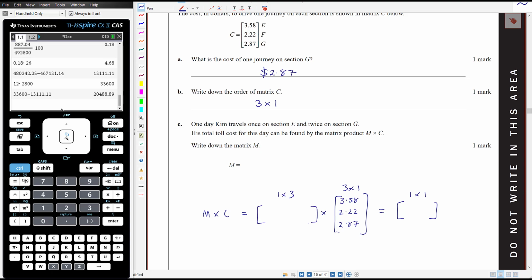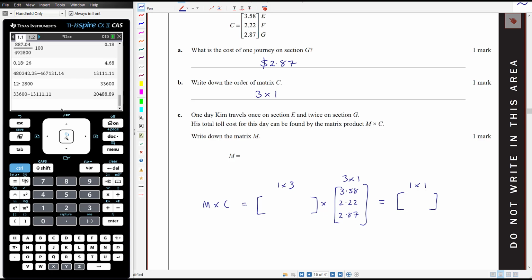Okay. Now we want Kim to travel once on section E. So which one was which? So these were E, F, and G. So we want the calculation to do one lot of 3.58, which would mean putting a 1 here. And twice on section G. So no times on section F, so we want 0 times $2.22, and we want 2 times $2.87.